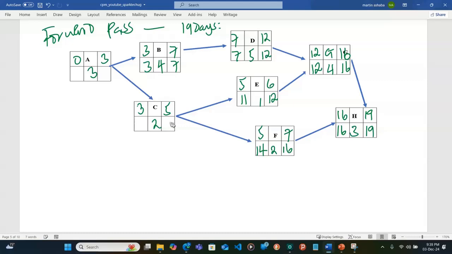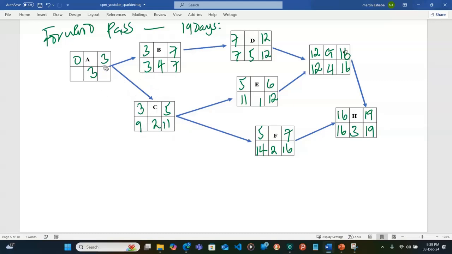Since now we are looking at 2 activities, we are going to take the minimum. And since we are doing the backward pass, the minimum must be 11. So we take away 2 and we have 9.